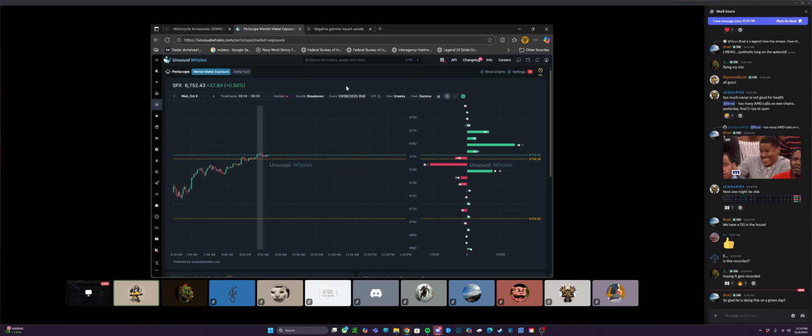I find that gives me the best representation of how market makers are positioned. Once you start going further out, you get, I will say, a lot of mixed messaging, and it becomes more difficult to discern flow. Again, DTE, this is just another way to filter by your data expiry.